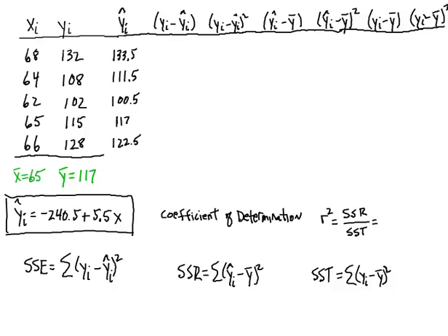So 132 subtract 133.5 would leave me with a negative 1.5. 108 subtract 111.5 would be a negative 3.5. And then for the others, I'll have a positive 1.5, a negative 2, and a 5.5.